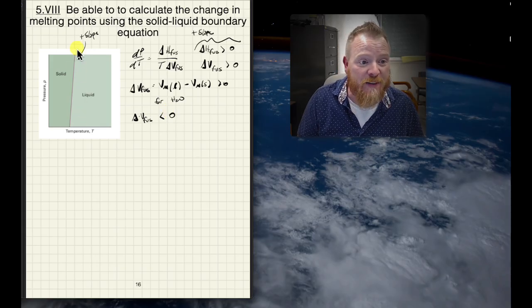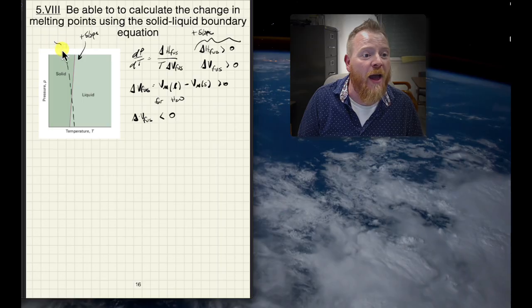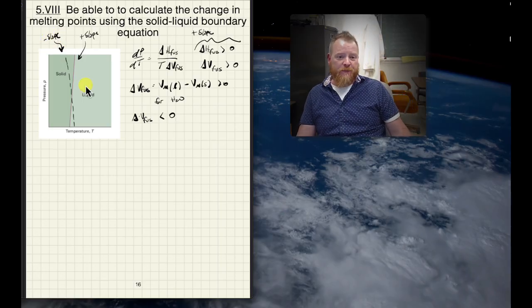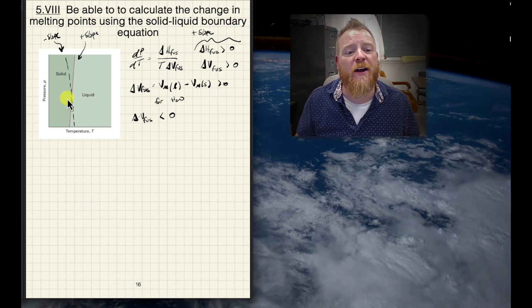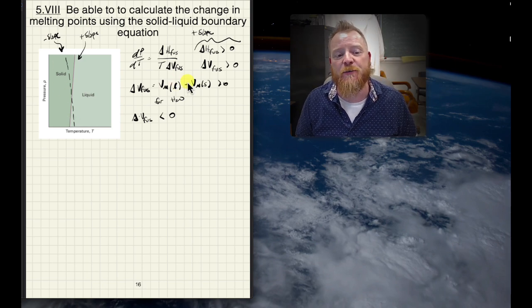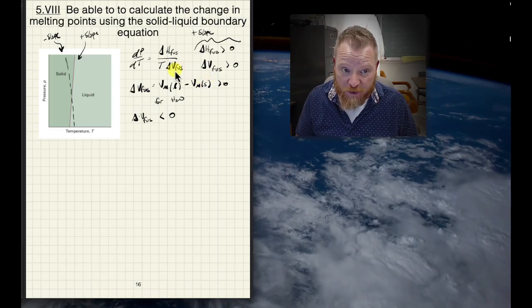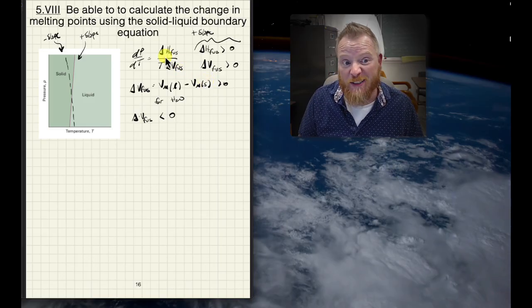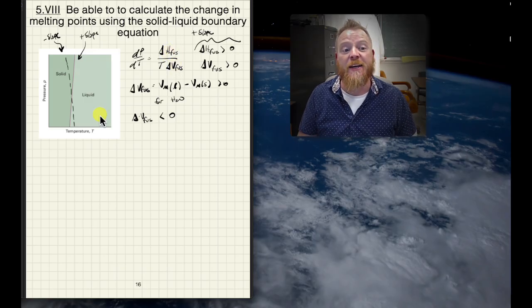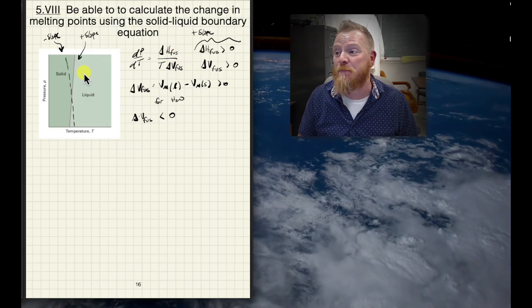So that means for water and only water, it will have a steep negative slope. And this value is very steep because typically the difference in the volume between the liquid and the solid is small. So delta V is a small quantity, whereas delta H is a large quantity. A large quantity divided by a small quantity gives us a very steep slope.